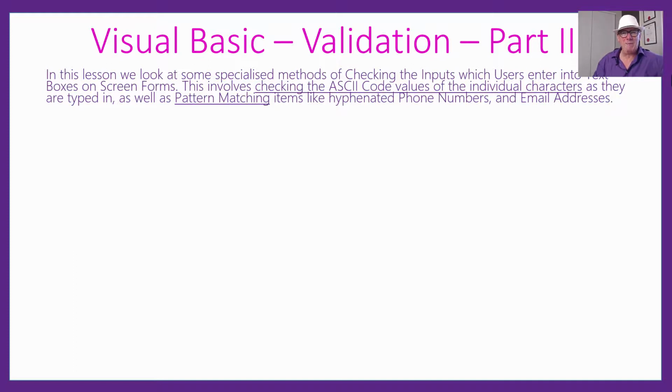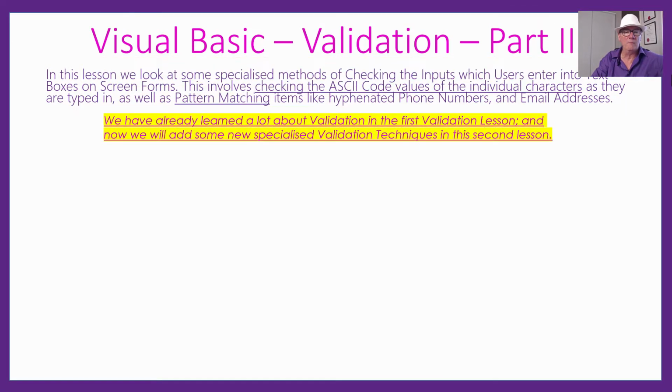And we can also do pattern matching, which is really handy for checking phone numbers that have dashes or hyphens in them, and email addresses that need to have @ signs and dots in them. I've already learned a lot about validation in that first lesson, but this is a new lesson on specialized validation techniques which adds on to that.